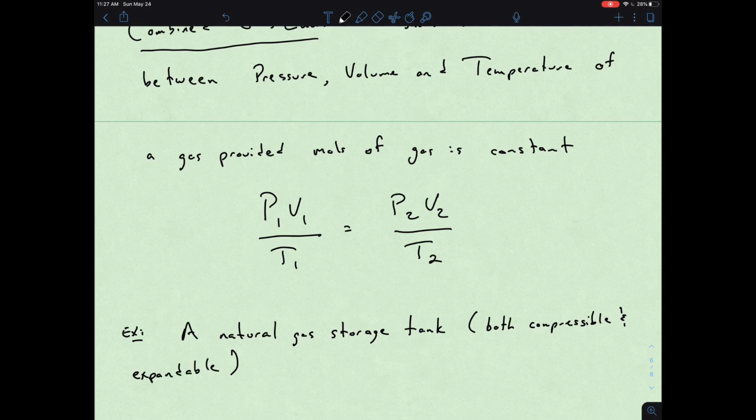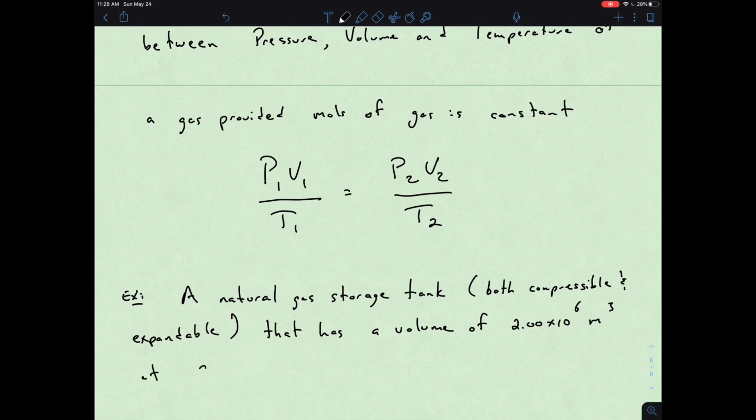This allows them to deal with different temperatures and different pressures depending on what's going on. So let's say we have a natural gas storage tank that has a volume of 2 times 10 to the 6 meters cubed.